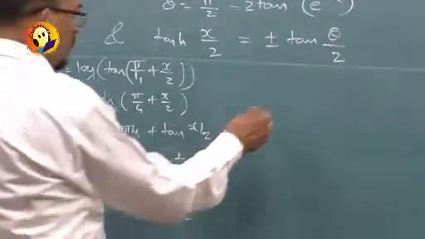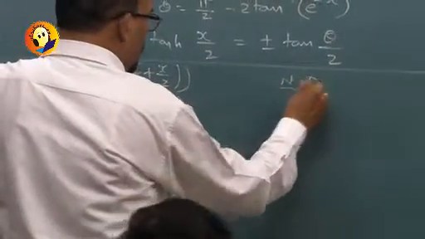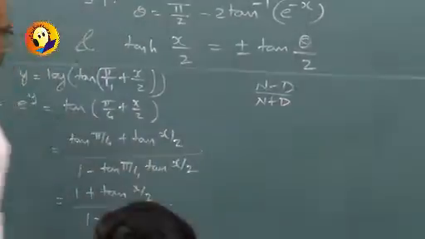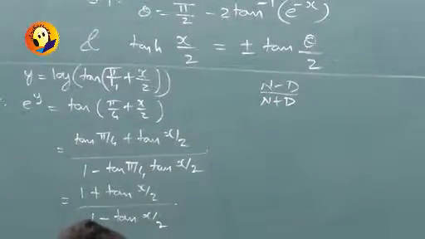And so it is numerator minus denominator upon numerator plus denominator. That is what we are planning to do.